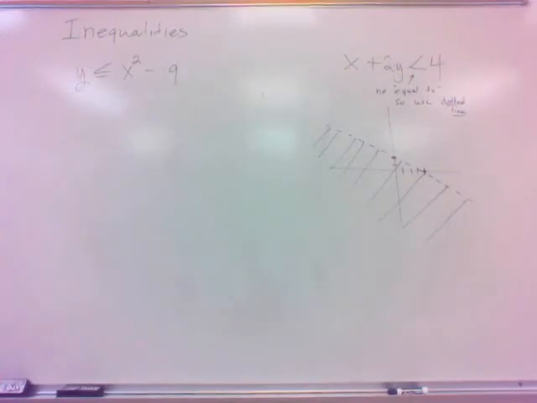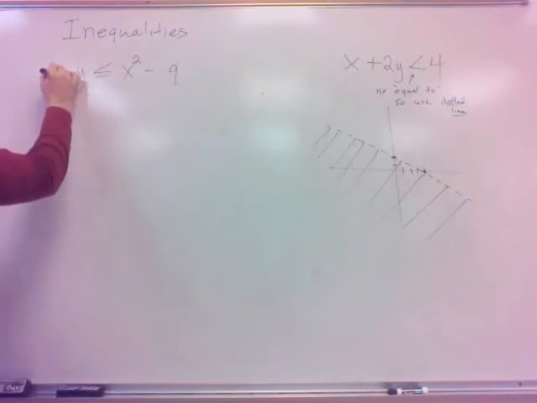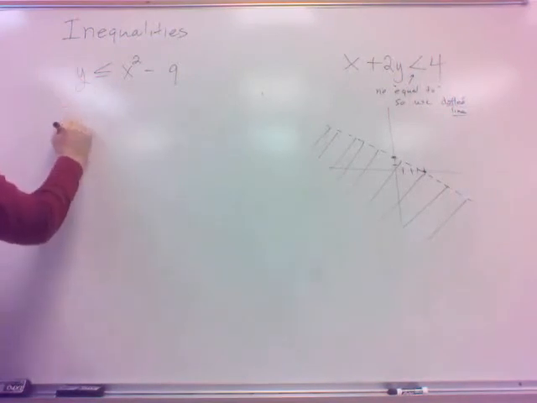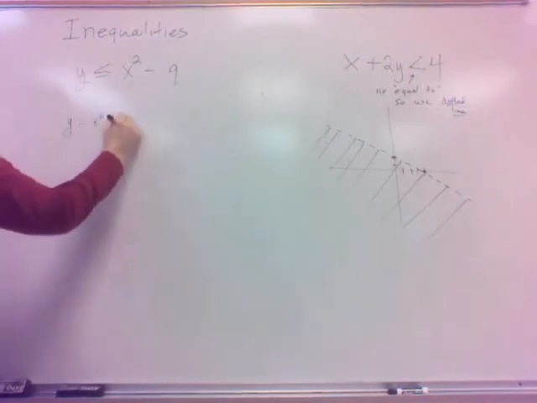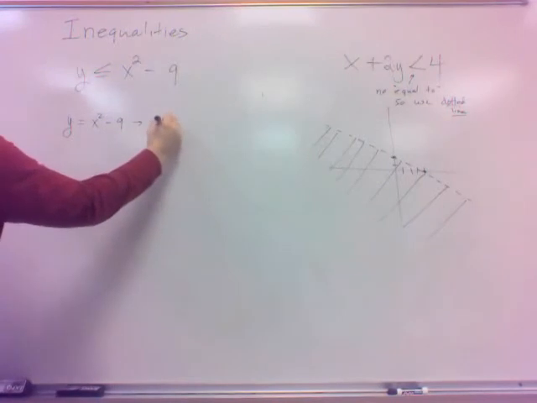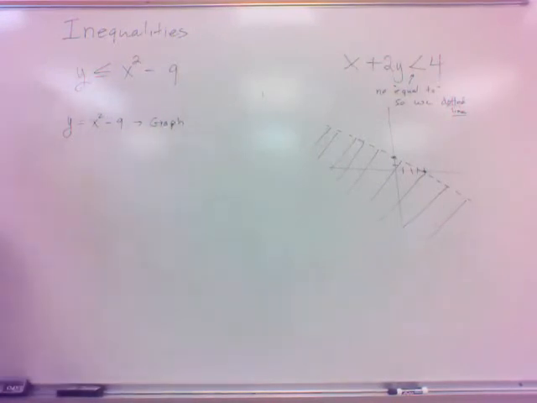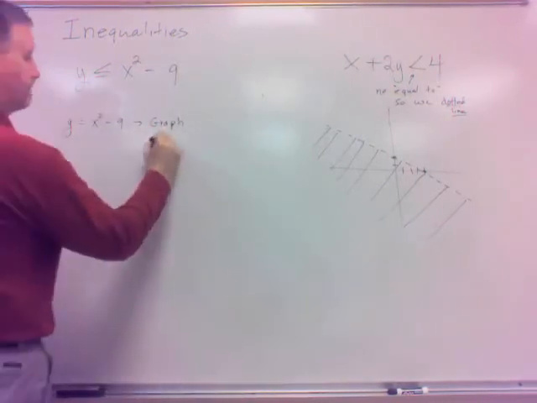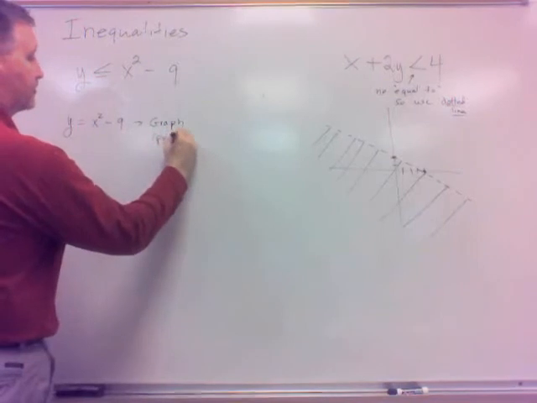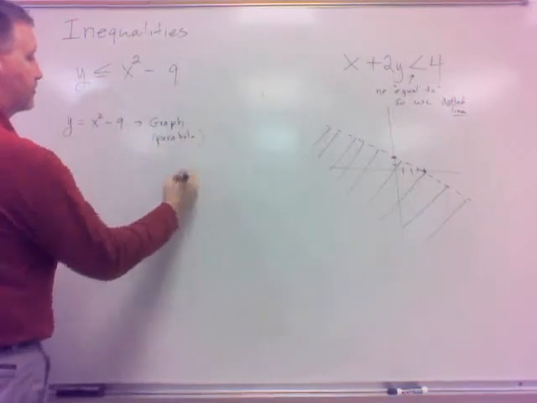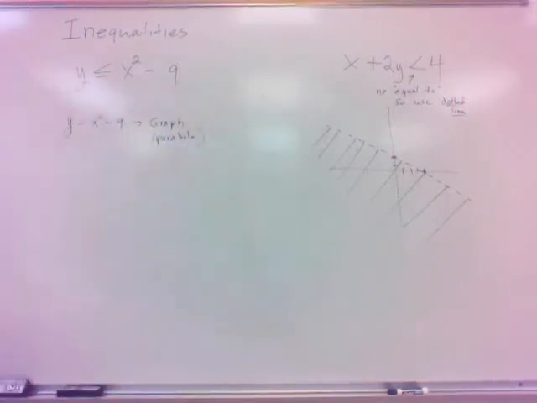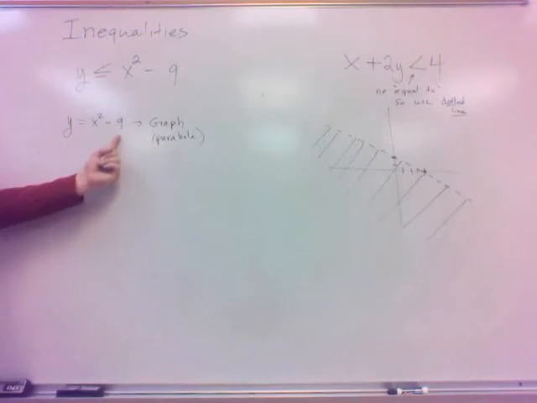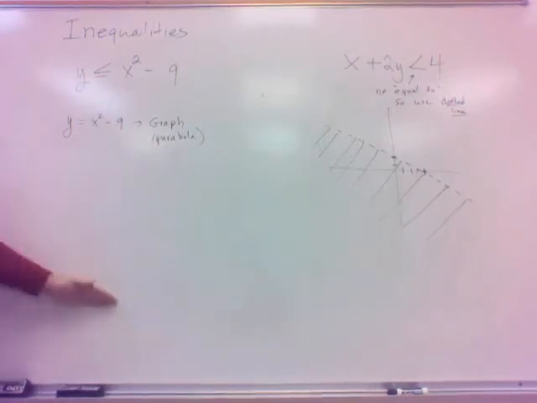Well, we're not talking about a line here, because as far as the equal to part goes, we've got y equals x squared minus 9. So if I graph that, what is that? It's a parabola, right? And this one's a fairly easy one because it's just the x squared parabola shifted down 9, so the vertex would be at 0, negative 9.